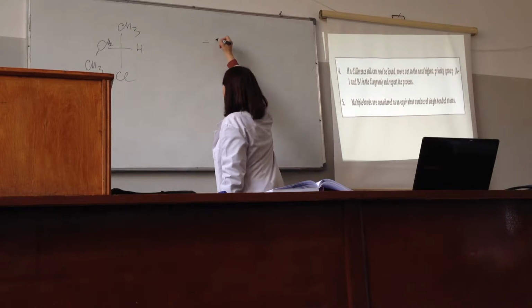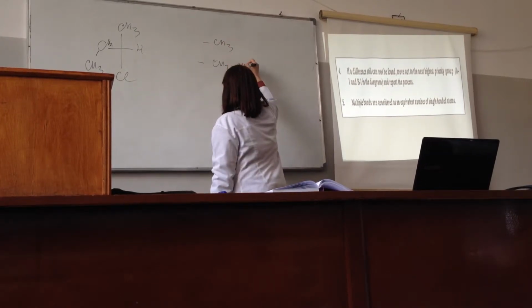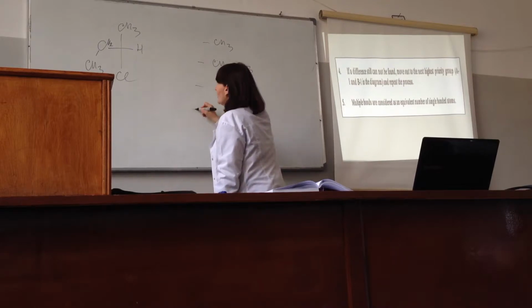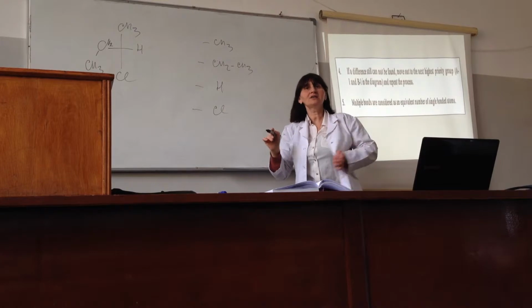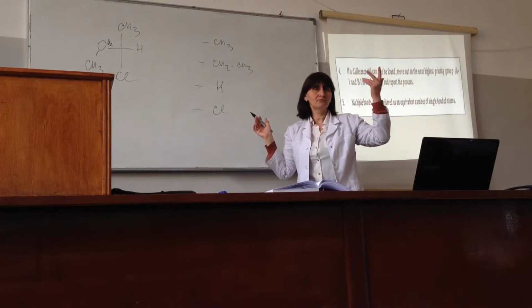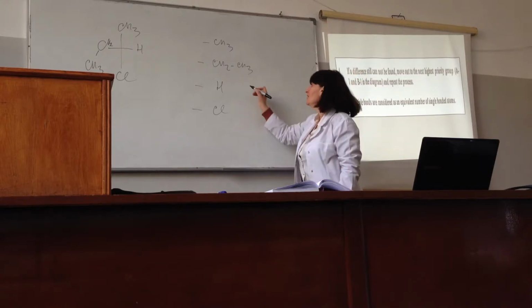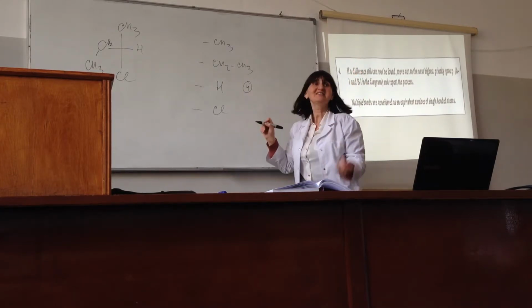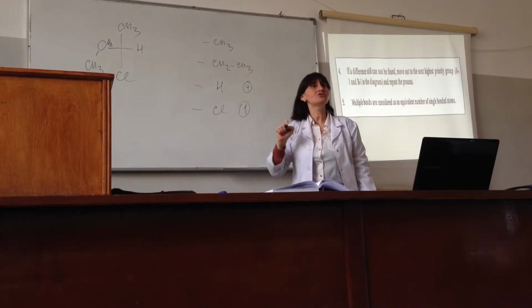Here you have CH3, then CH2CH3, H, and Cl. In this case, to understand their numbers: because H has atomic number 1, it has to be number 4, and Cl has to be number 1. Now what about these two structures?